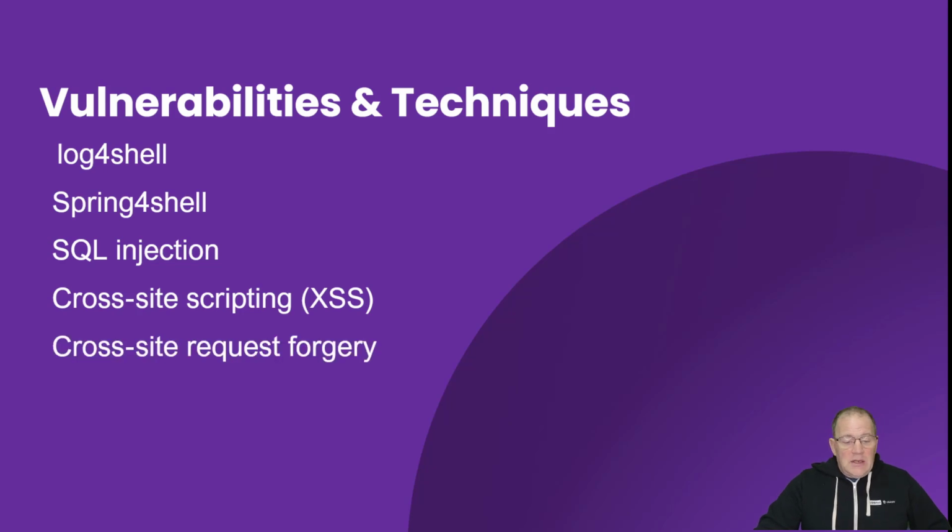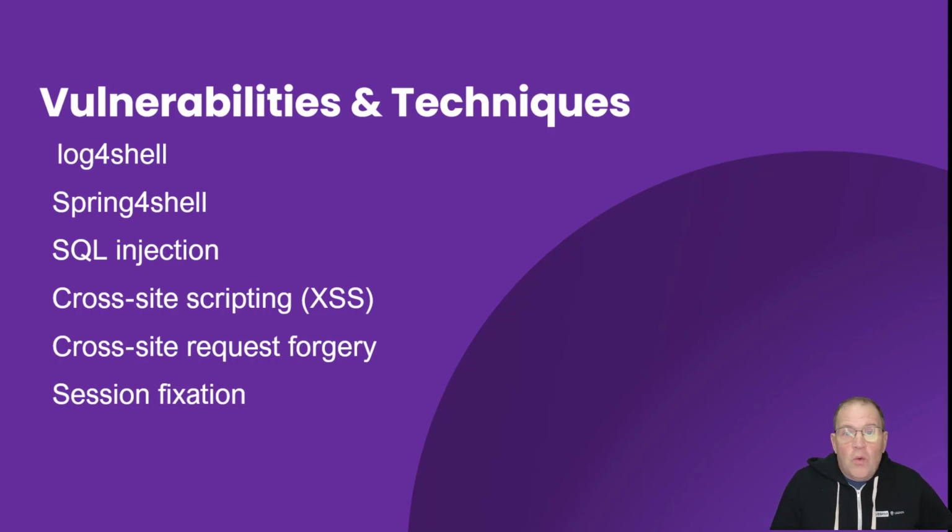Cross-site scripting, cross-site request forgery, session fixation. Now, I'm not even going to pretend to understand what these are. I know they're bad, and that's all I need to know at my operational level. But what I do know is that there's a whole myriad of these techniques out there, and I need something to protect my applications from them.